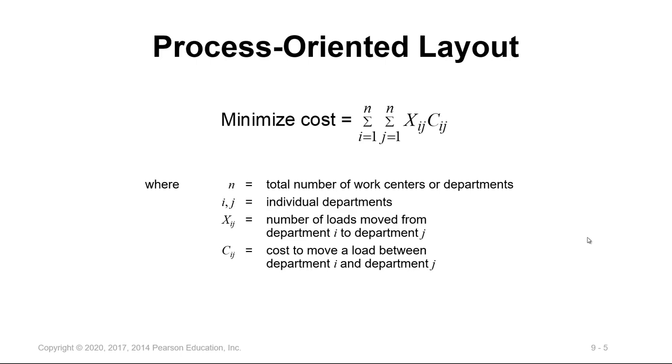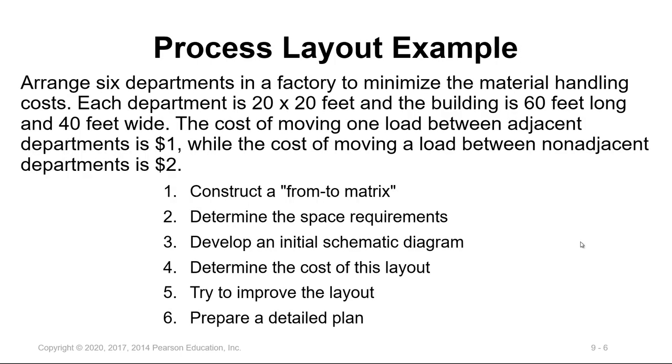The objective of the layout will be to minimize the cost, which will equal the summation of the number of loads moved between two departments multiplied by the cost of that move. To understand the method of arranging the different departments, let's look at the following example.